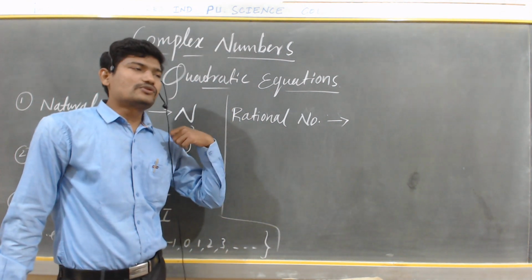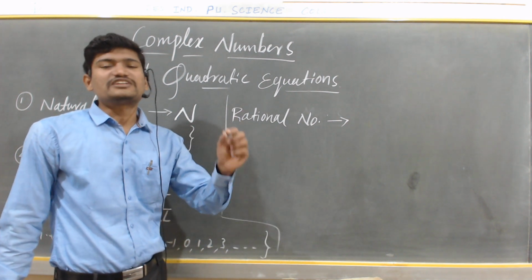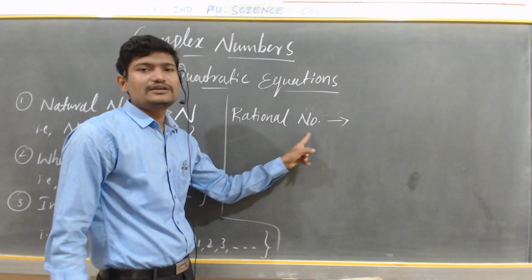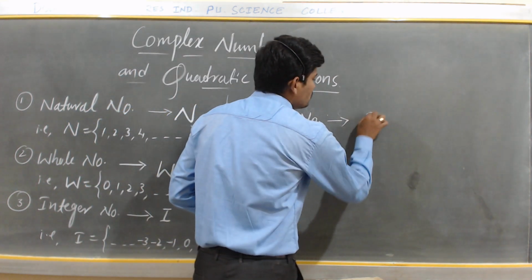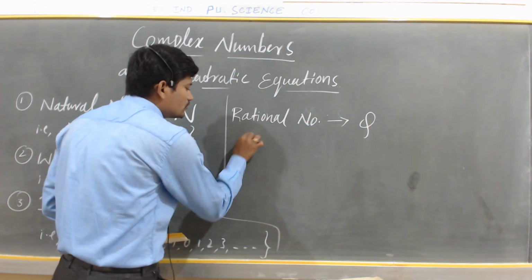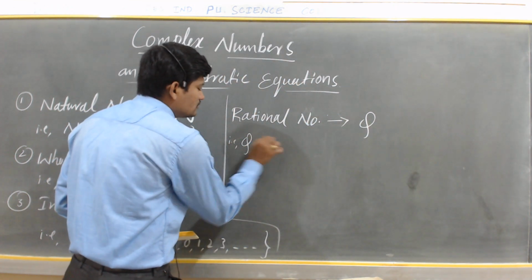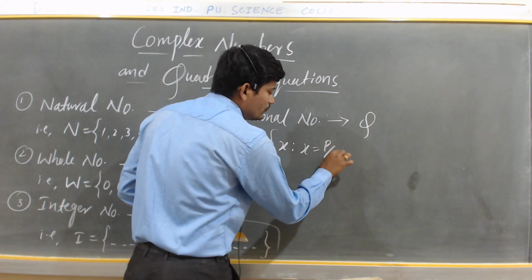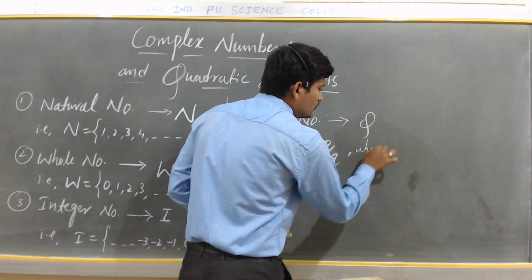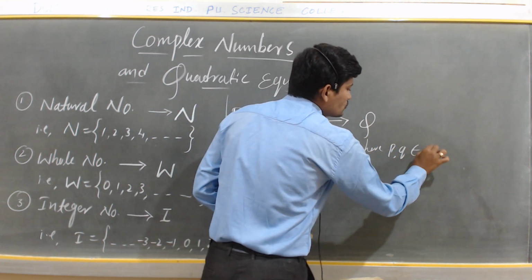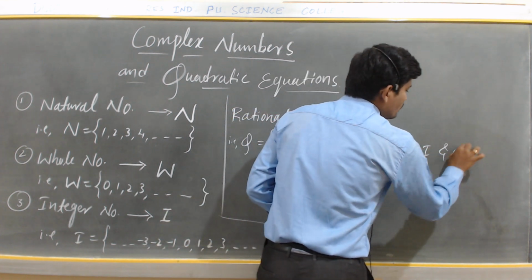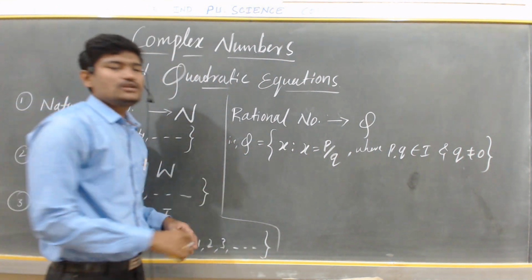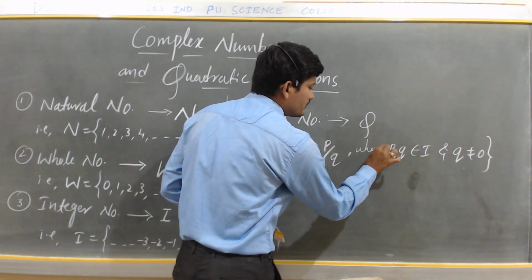Rational numbers are indicated by the capital letter Q. In general form we write Q equal to x such that x equals P by Q, where P, Q belong to I and Q is not equal to 0. This is the general form of a rational number.